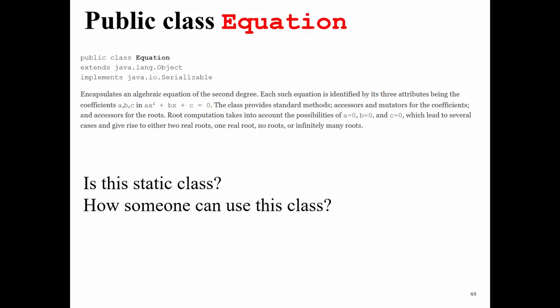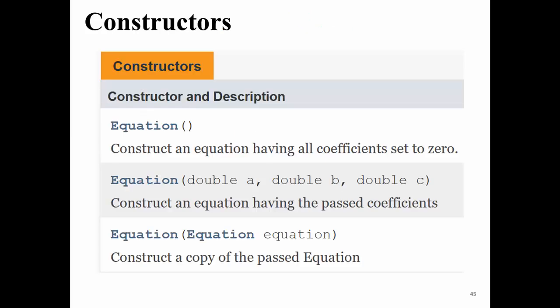Now, if I told you public class Equations, and you look at this class, it is not static, so how can someone use this class? This is the API of the class. We have to create an object of Equations to be able to use it.